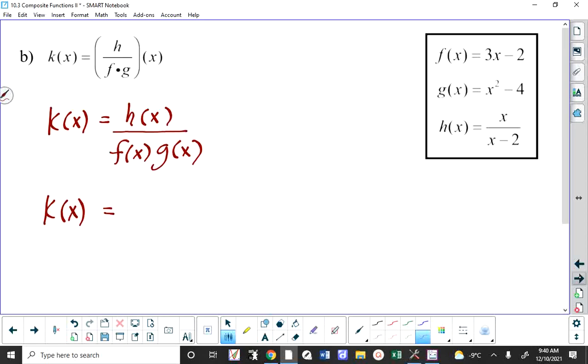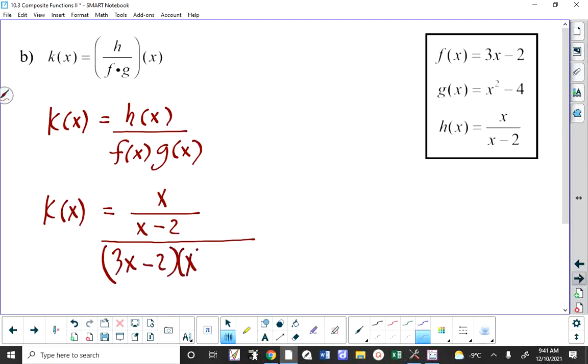H of x is x over x minus 2, over, when you have a complex fraction, like you have a fraction over something else, make sure you really understand that that long line I've drawn is the big fraction. It's what separates the numerator and denominator of the big fraction. And then I have to multiply these two, which is 3x minus 2 by x squared minus 4. This is a rational expression.